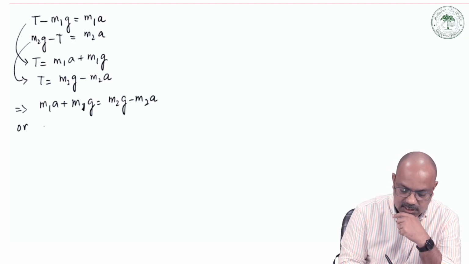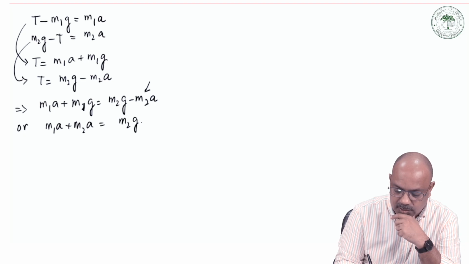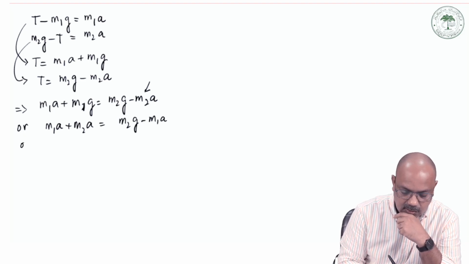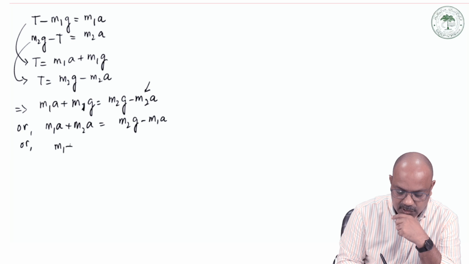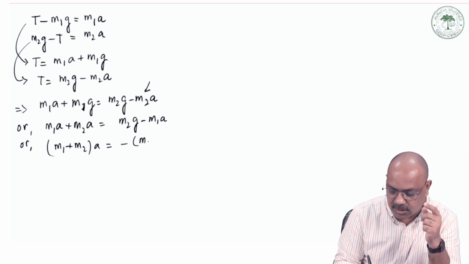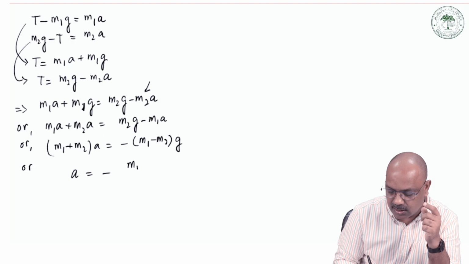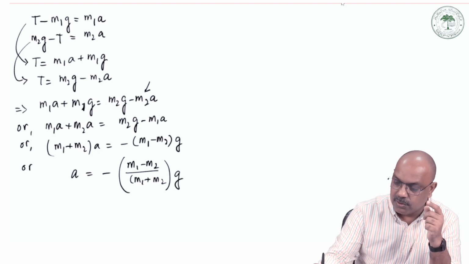Taking terms to one side, (m1 plus m2) a is minus (m1 minus m2) g, or I can write this acceleration as minus (m1 minus m2) divided by (m1 plus m2) times g.